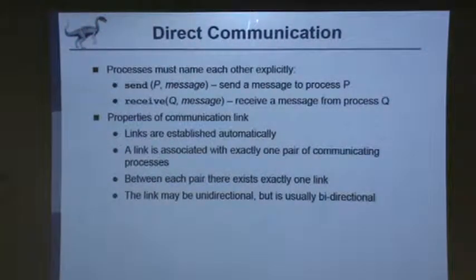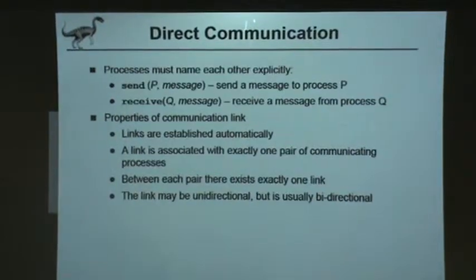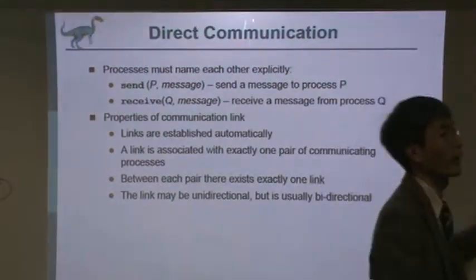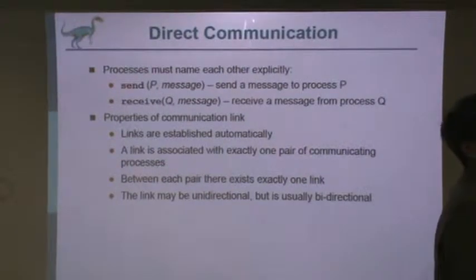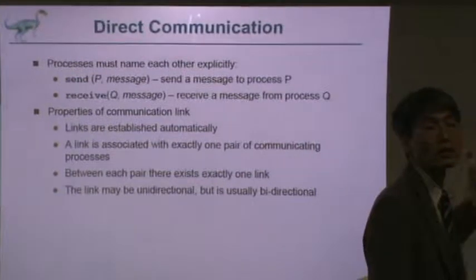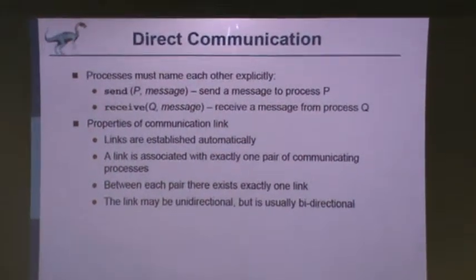So there are different kinds of communication. The first one is direct communication, and another one is indirect communication. Direct communication means just like the socket program. The server and the client directly establish the communication link and send the data as a packet in this example. That is direct communication.